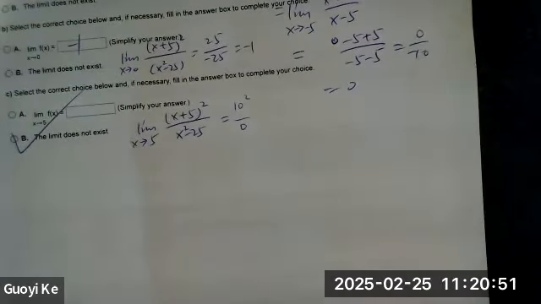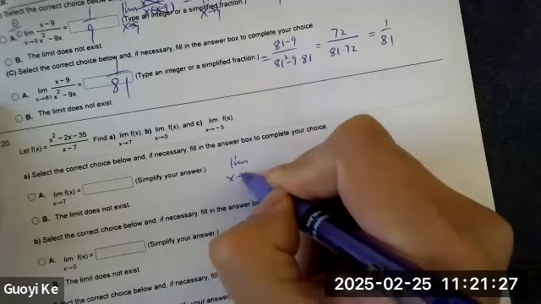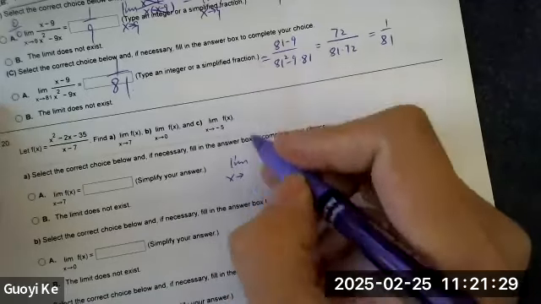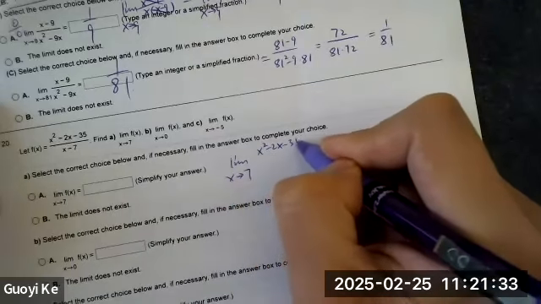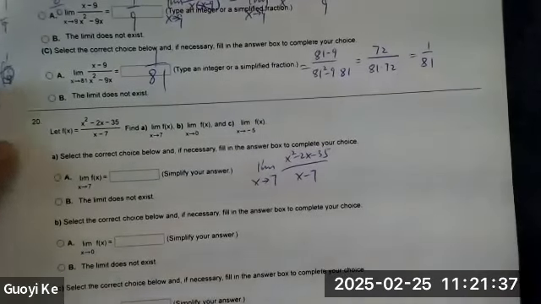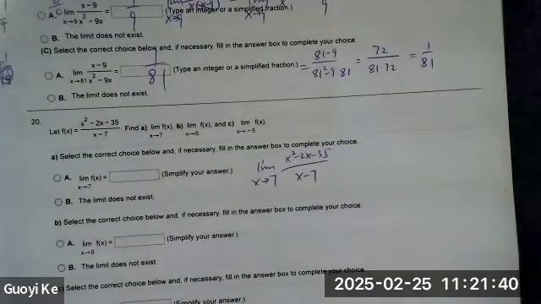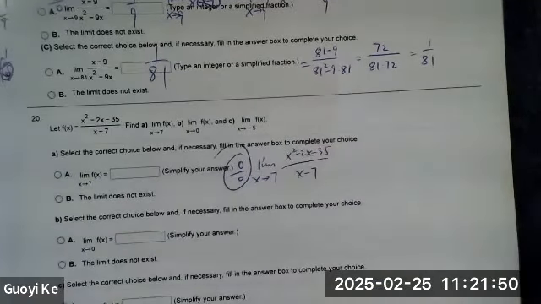Okay, I will spend a little bit more time on problem 20. First of all, when you plug in 7 for both the numerator and the denominator, you will find out that it is 0 over 0, okay?